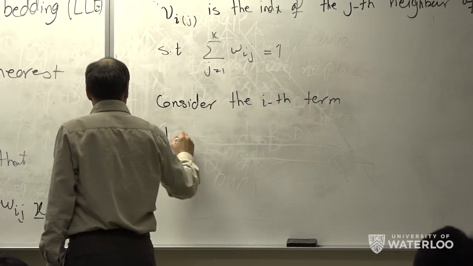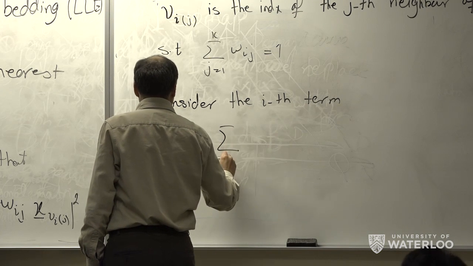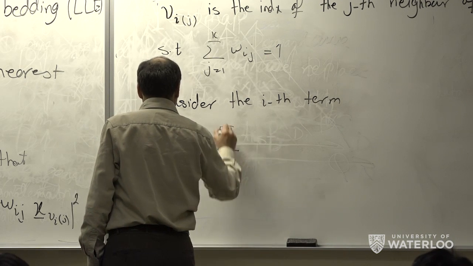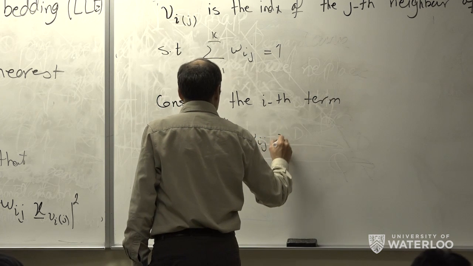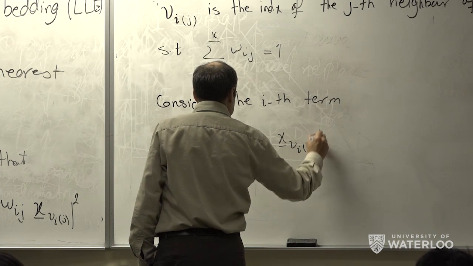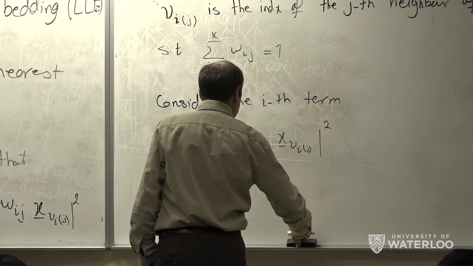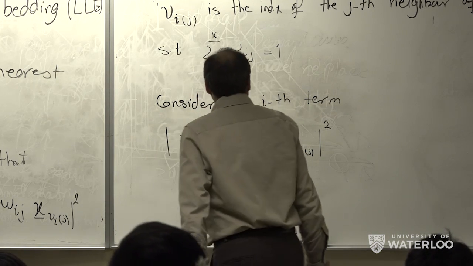The i term would be xi minus the sum over j equals 1 to k of Wij times x_Vij.